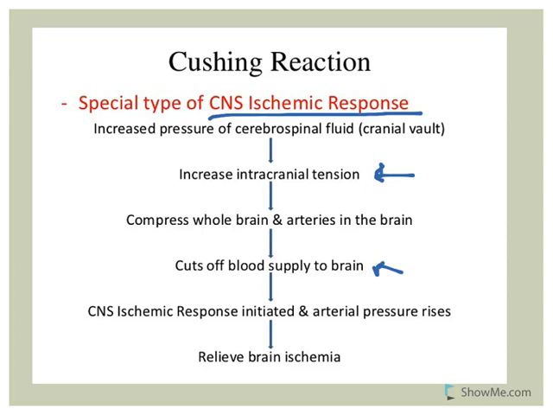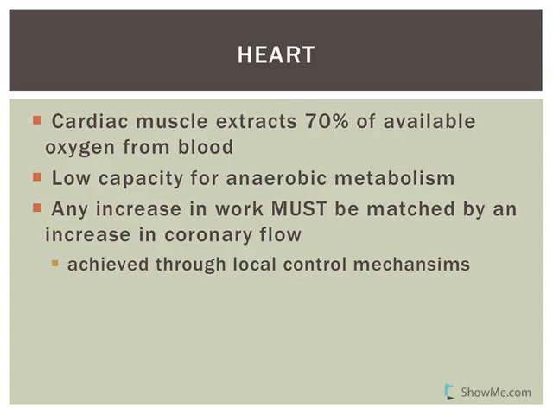That triggers the CNS ischemic response to get blood pressure up to try to force blood through that compressed vessel. So that helps to relieve brain ischemia. They call that the Cushing reaction, named after the same person we name Cushing's disease and Cushing's syndrome after. So just so you know, it's the same person.